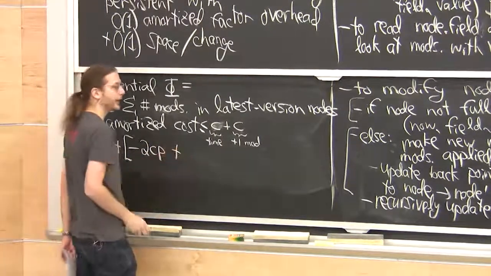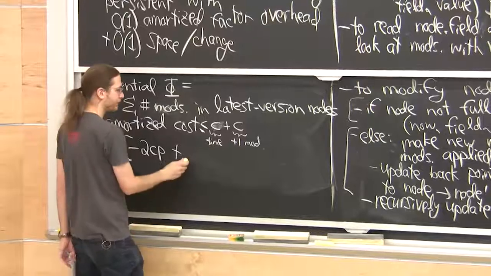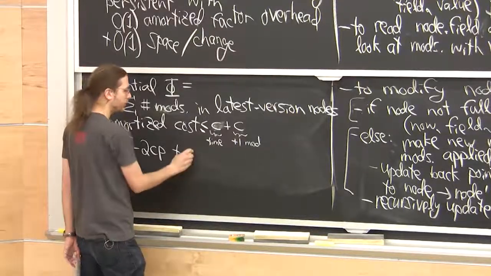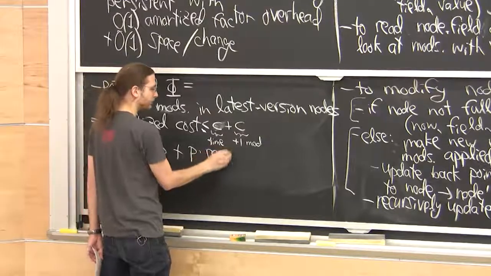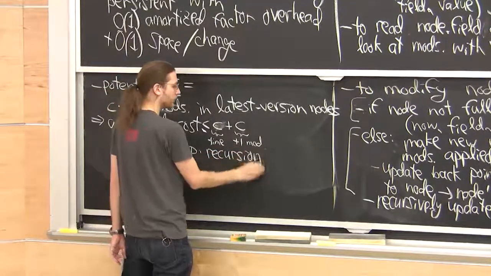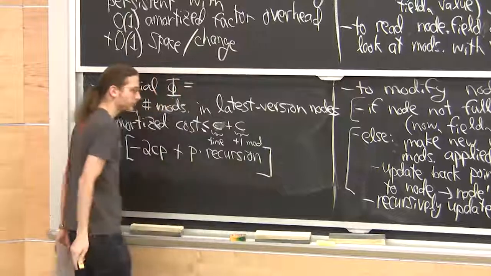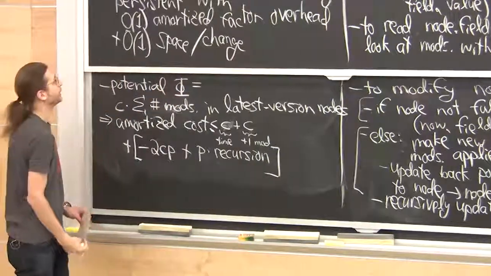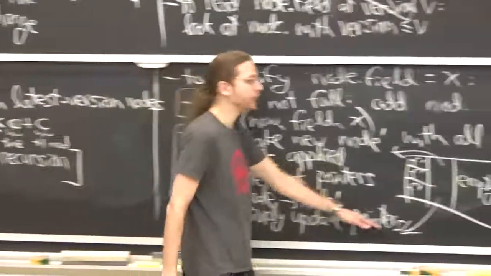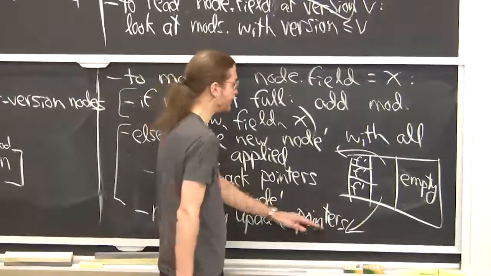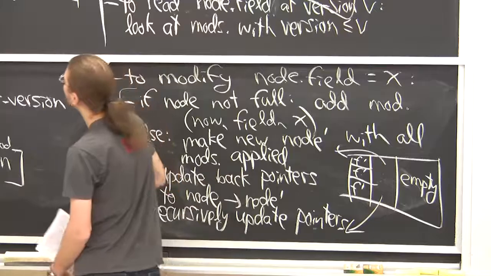And then we'd have to pay, I guess, up to P recursions. Because we have to, how many pointers are there to me? Well, at most P of them, because there are at most P back pointers. Or sorry, at most P pointers to any node.